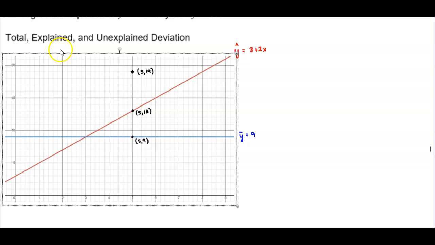What we want to do is determine the total deviation. The total deviation starts from the y value for this point, (5, 19), all the way down to the mean value of 9. So this right here represents the total deviation.